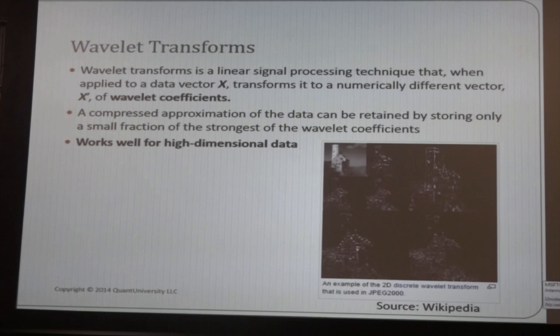And then you eliminate a portion of these variables and only retain a set of these variables, which will be representative of your lower dimensional variable set. Okay? So just to give you an example, this is like a 2D wavelet transform for a JPEG 2000 algorithm. This is the original image, and here you can see how you can reduce that into a fewer number of dimensions using wavelet transforms.